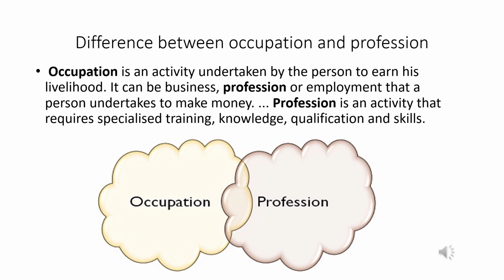Occupation is important so that he or she can earn money. But profession is an activity that requires specialized training, knowledge, qualification, and skills. Without an appropriate degree, specific qualification, you cannot take a profession. For example, a doctor, until and unless he clears his exam, the professional degree, he won't be considered a doctor.